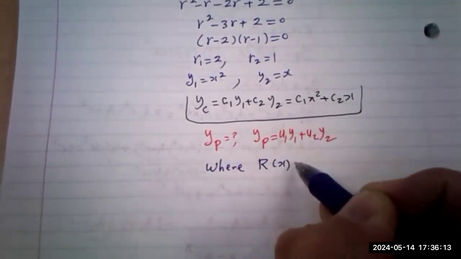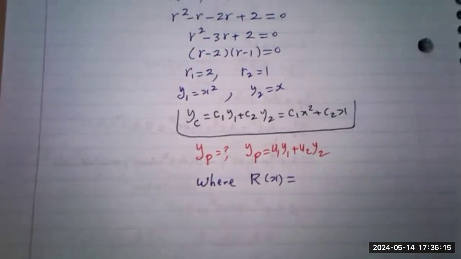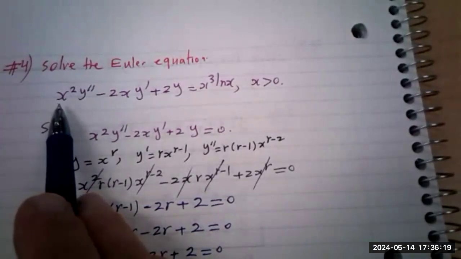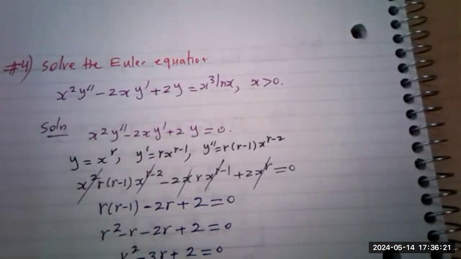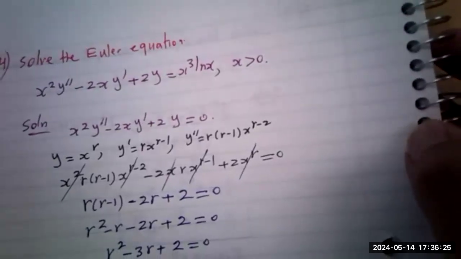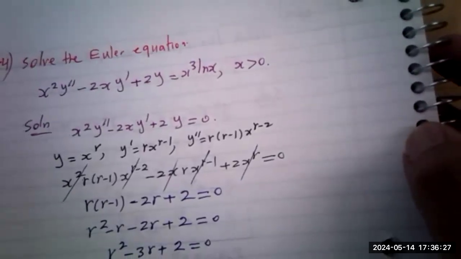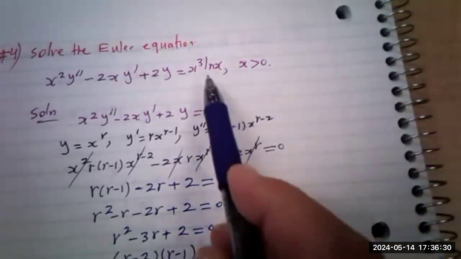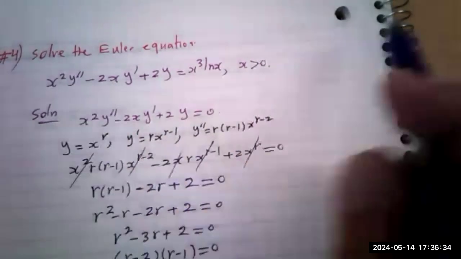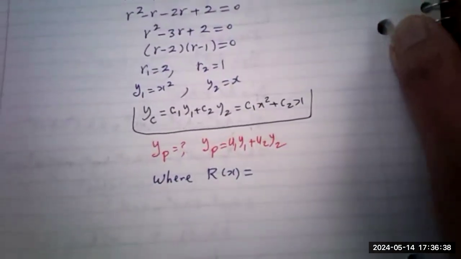Identify the r of x first. In the Euler equation, the coefficient of y double prime is x squared all the time, so you are not going to have an Euler equation for which the coefficient of y double prime is 1. So when you pick the r of x, you have to divide whatever you have by x squared. If you miss it, you may end up with an integral that would be impossible to find.